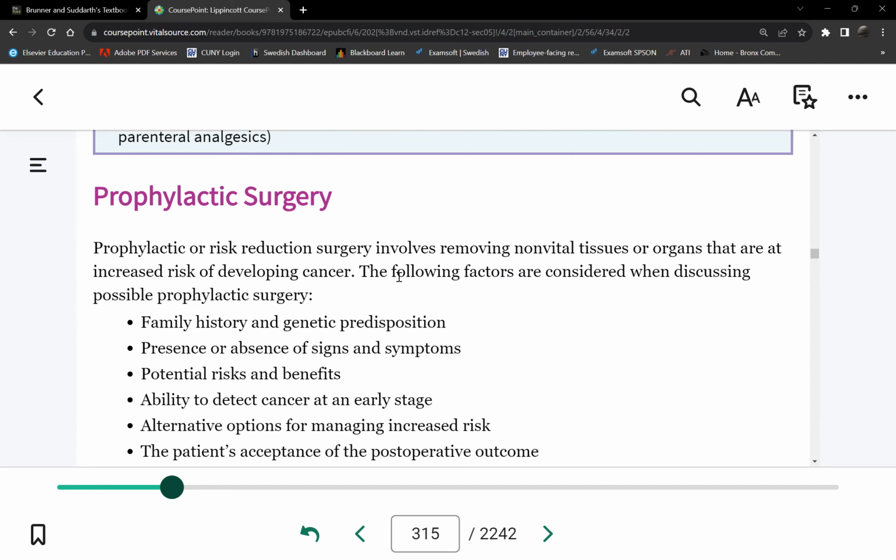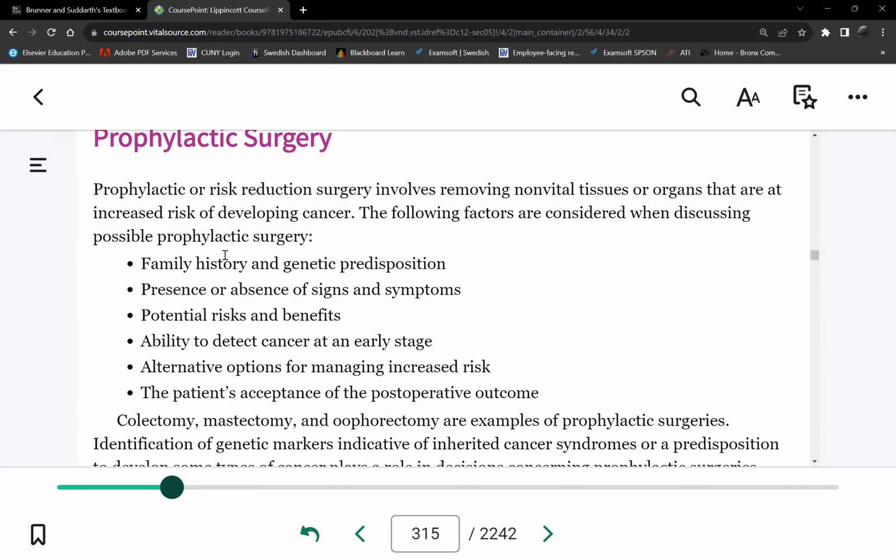So this is to prevent cancer, or to prevent it from worsening, right? Or from developing. An example would be, let's say you have colon polyps. Colon polyps are known to become cancer. So at the polyp stage, we have the option to take them out.